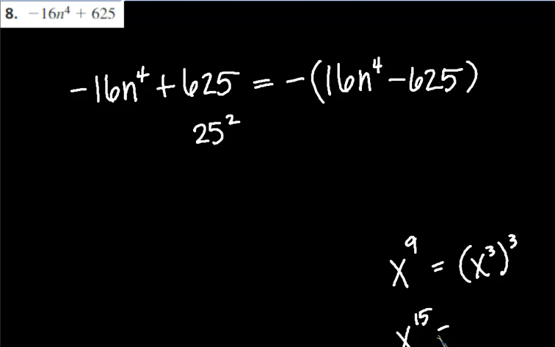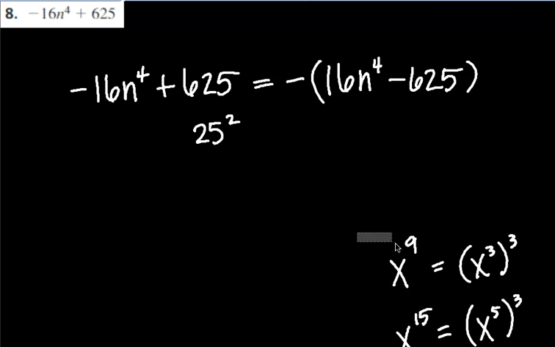What multiple of 3 is 15? The 5th. So I have x to the 5th raised to the 3rd power. So if it was a multiple of 3, it was a cube. Is this a multiple of 2? Yes. Therefore, it is a square. It's a multiple of 2, so it's a square.